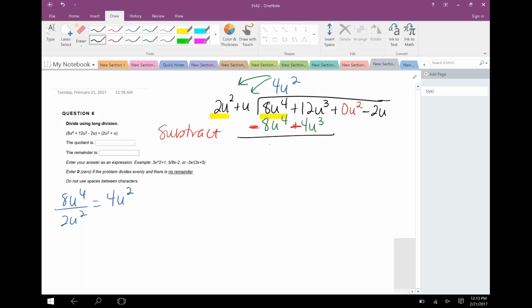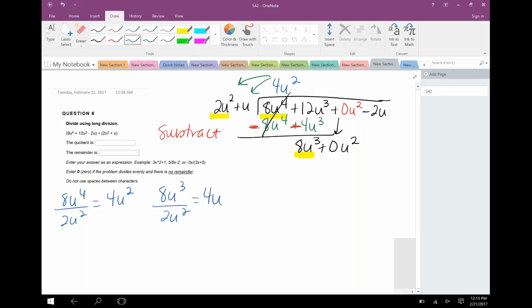So 8u to the fourth minus 8u to the fourth cancels. And then 12u to the third minus 4u to the third is 8u to the third. And then bring down that 0u squared. Okay, so now we have 8u to the third divided by 2u squared.